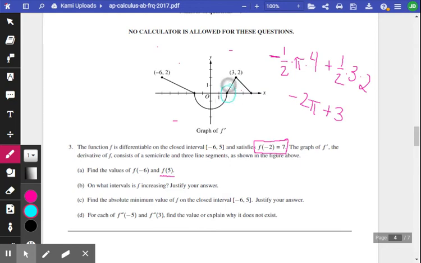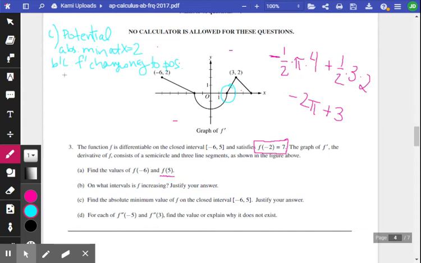Yes, right here. So for part C, we have a potential min at x equals 2 because f prime changes from negative to positive.